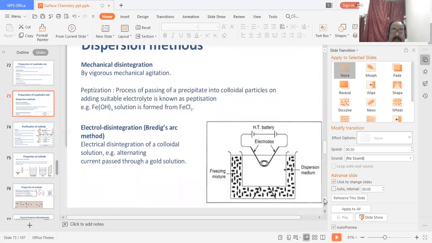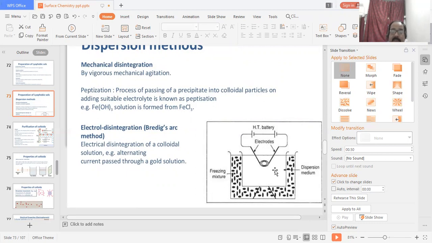Just see, this is the diagram of Bredig's arc method. Electrical disintegration means Bredig's arc method, where a direct current is passed through a gold solution. This is the apparatus, and these are the two electrodes, and both electrodes are connected to a battery.